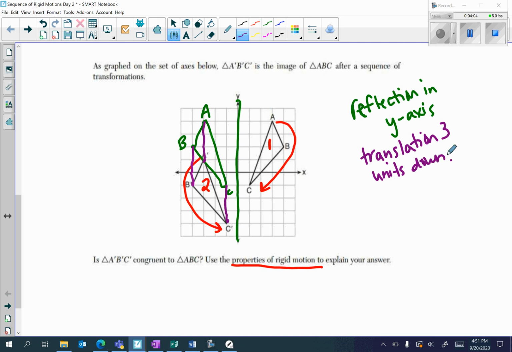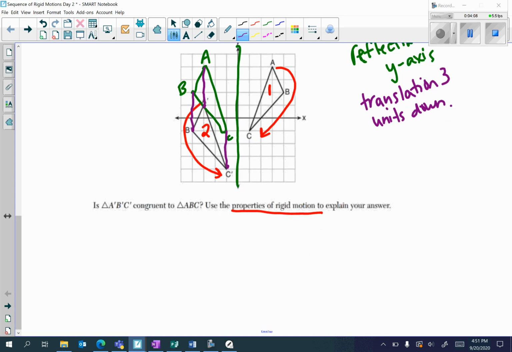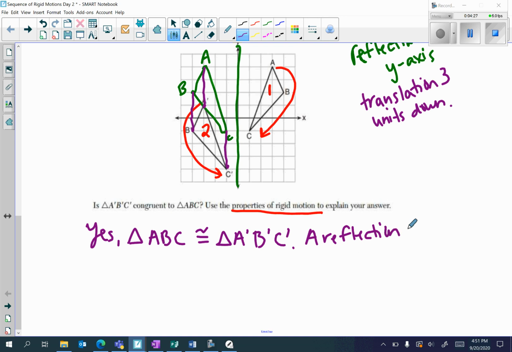So is triangle A prime, B prime, C prime congruent to triangle ABC? Yes. Triangle ABC is congruent to triangle A prime, B prime, C prime. A reflection and translation are rigid motions.